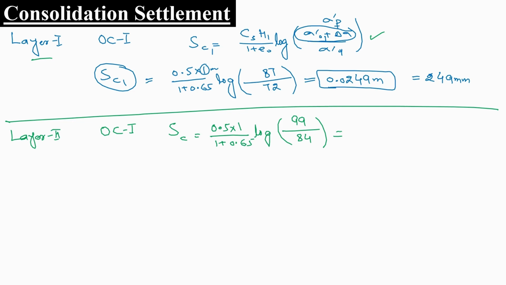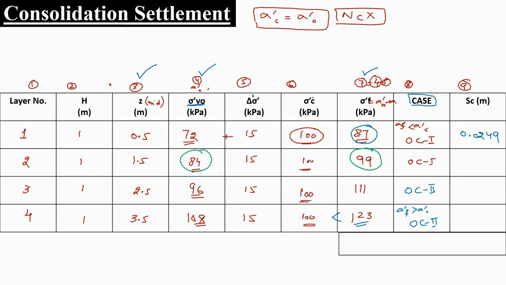This will be 0.0216 meters, or simply we can say this is 21.6 millimeters by multiplying with 1000. So for layer 2, right here, 0.0216.